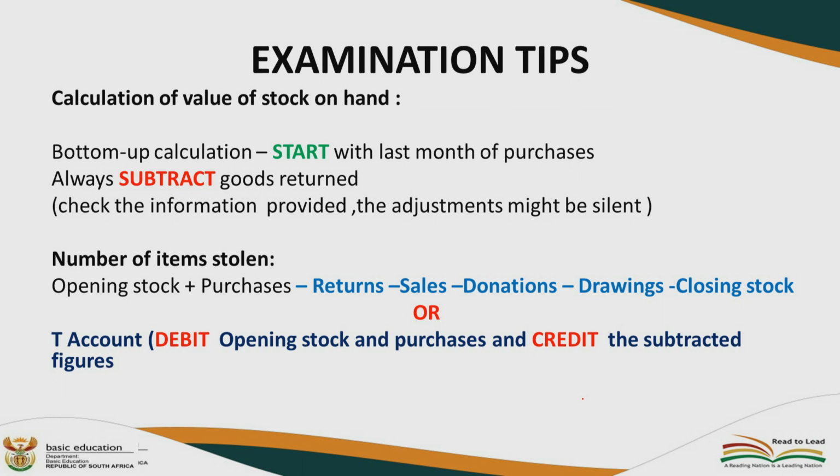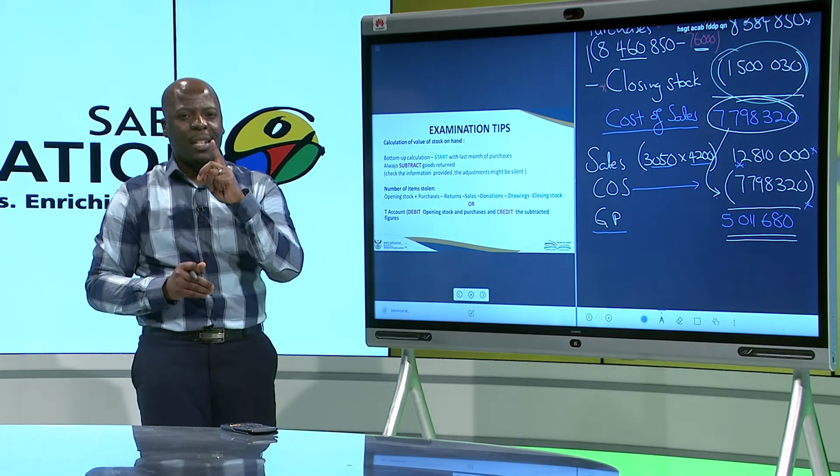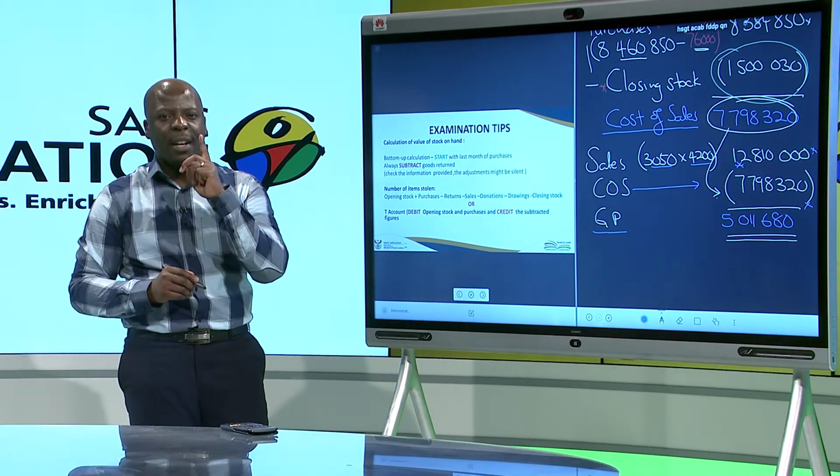When it comes to FIFO, it is your bottom-up approach. When you apply it, you are looking at the last units purchased. The last units purchased are the ones that will give us the value of closing stock. Keep in mind the units returned.